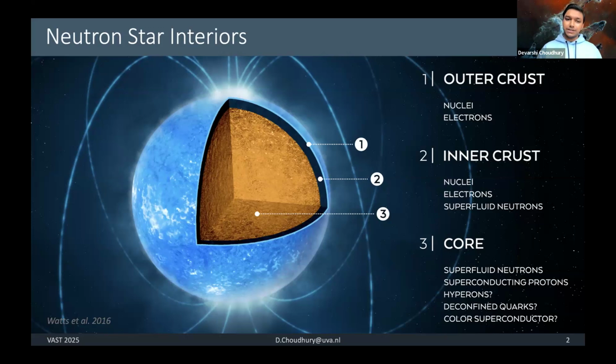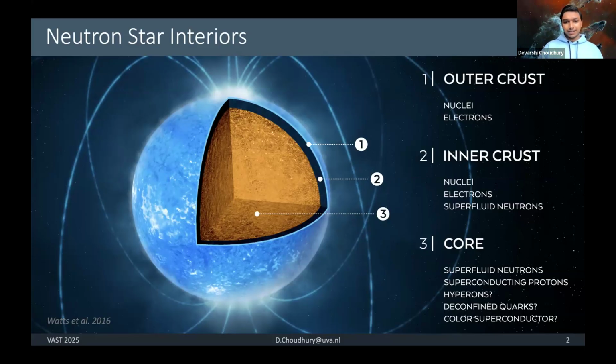And in such extreme regimes, we do not fully understand what the neutron star is made of, how forces of nature interact, whether we still have nucleons, maybe in superfluid or superconducting states, or whether they dissociate into deconfined quarks or reassemble to form more exotic states like hyperons and so on. And this is one of the holy grails of neutron star astrophysics that we want to try and address.